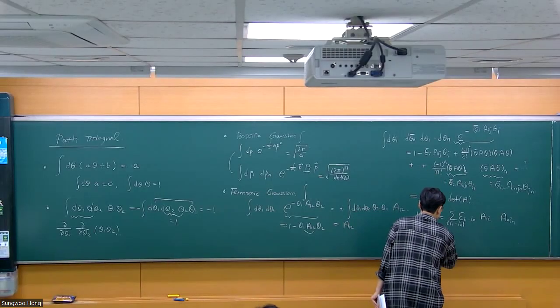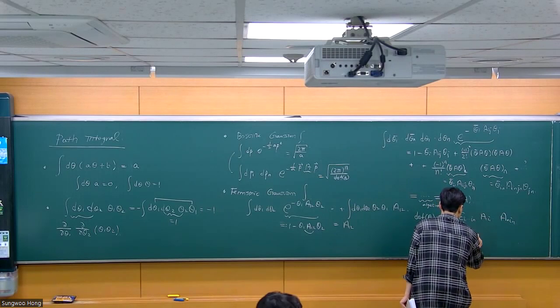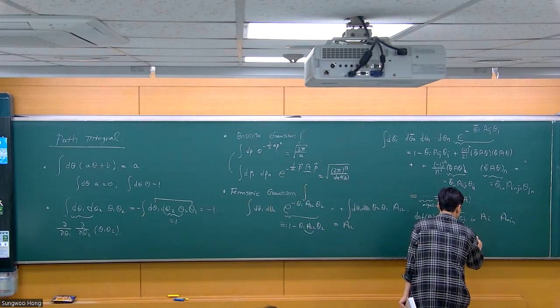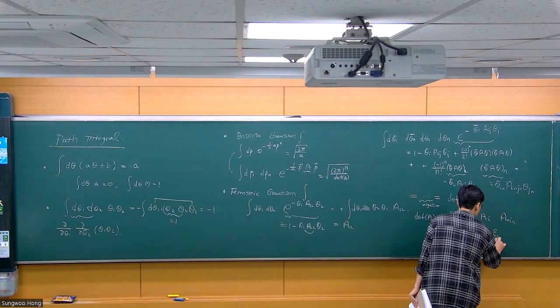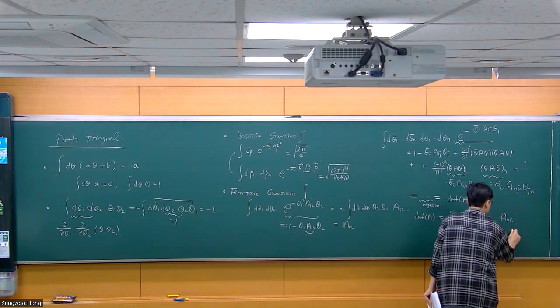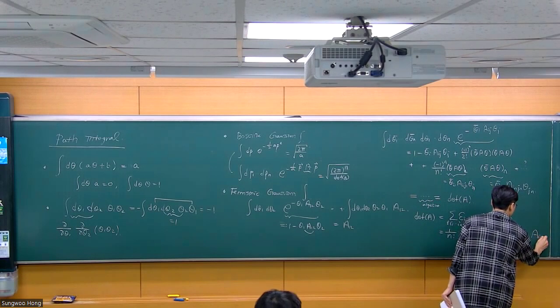Or there's another version. Now it's a double sum over i's, j's, I1 to IN, J1 to JN, and then now A I1 J1 to IN JN.